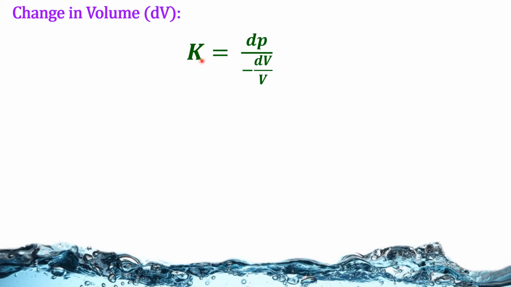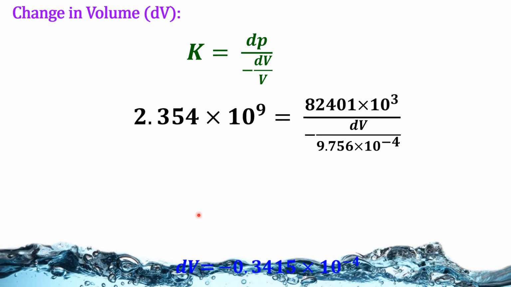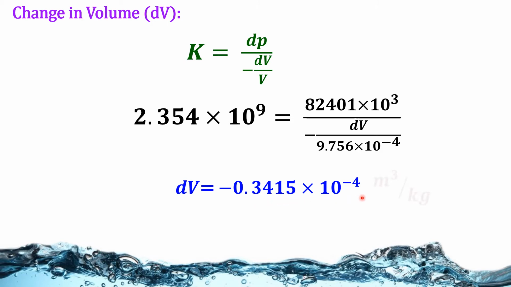Next, we are going to calculate the change in volume dV. We know that K is equal to dP by minus dV by V, where the K value and dP value are given in the problem. We have calculated V. Substituting the values, we get dV equal to minus 0.3415 into 10 to the power minus 4 meter cube per kg.